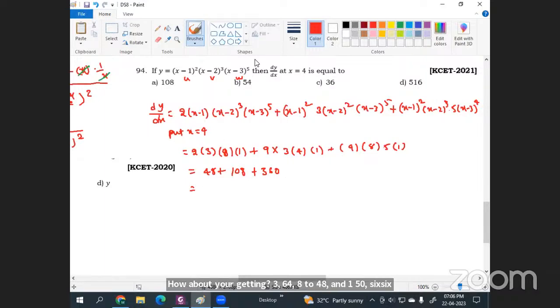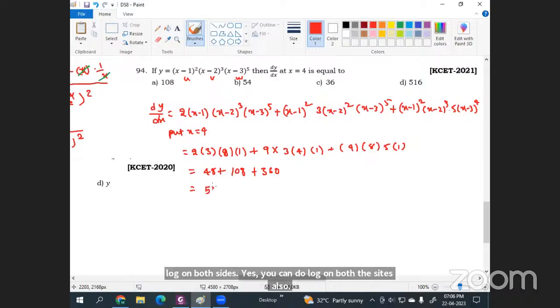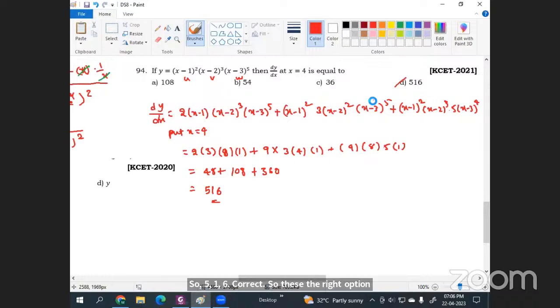What is the answer? D. Correct, Nagapriya, Mohan, Yogesh. Apply log on both sides, Sneha. Yes, you can do log on both sides also. So 516. D is the right option.